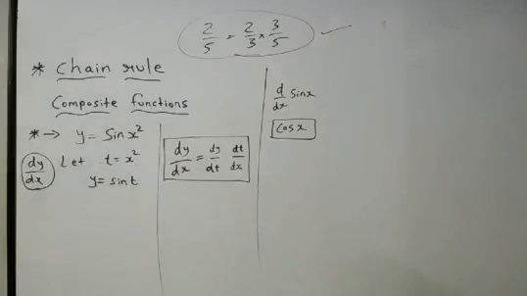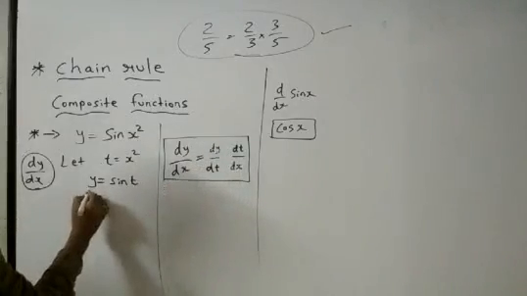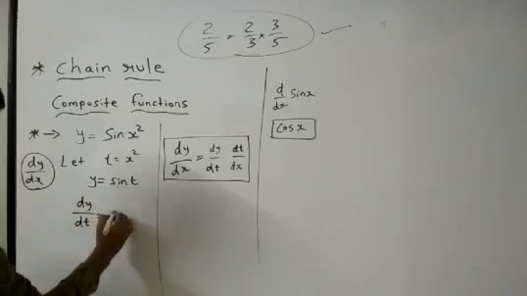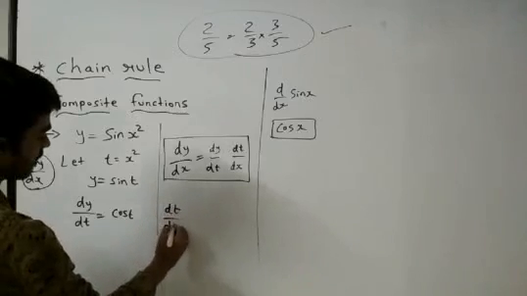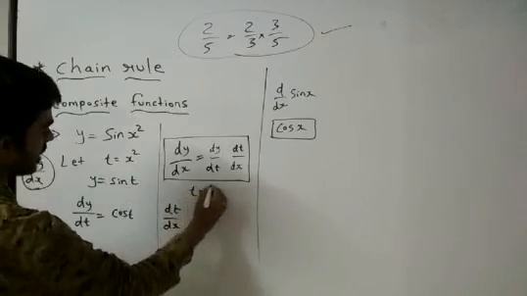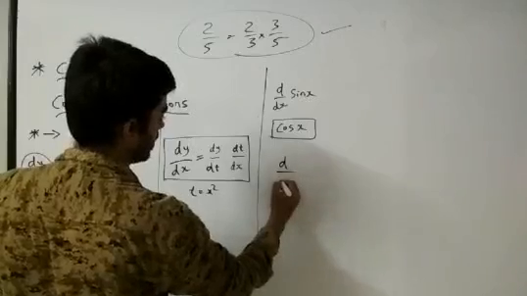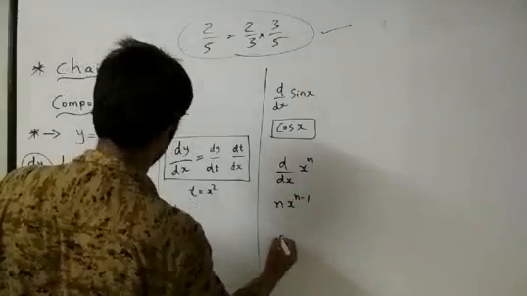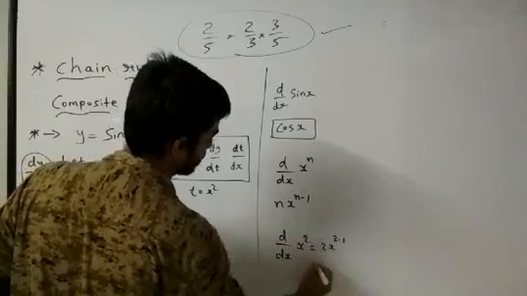So how we are going to do that? dy by dx, but first we want dy by dt, so differentiate this function, dy by dt, sin t derivative cos t, right, and dt by dx, how we will get dt by dx, we have t is equal to x square, so dt by dx, x square derivative, what is derivative of x raised to n, n into x raised to n minus 1, so derivative of x square, 2 into x raised to 2 minus 1, so 2x.